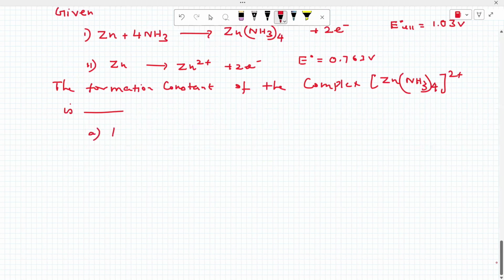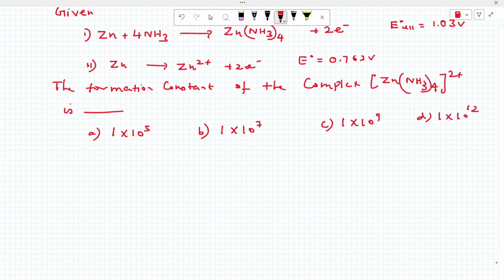Option A: 1 into 10 power 5. Option B: 1 into 10 power 7. Option C: 1 into 10 power 9. Option D: 1 into 10 power 12. Find out. Same concept, ditto. Any answer?